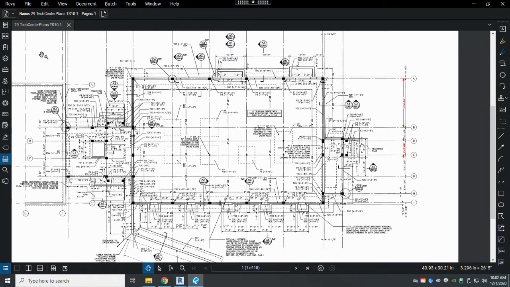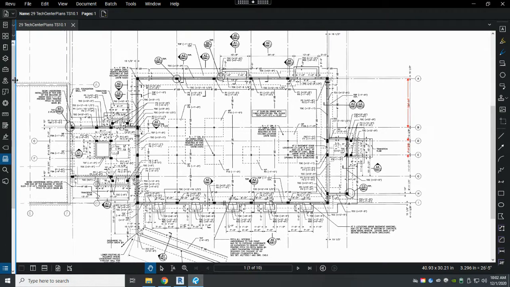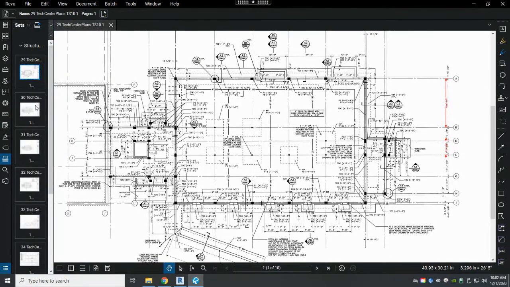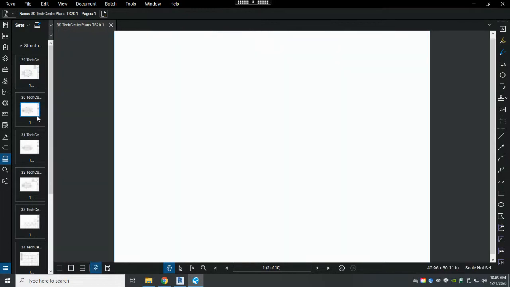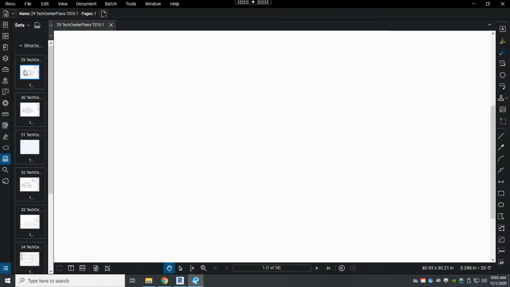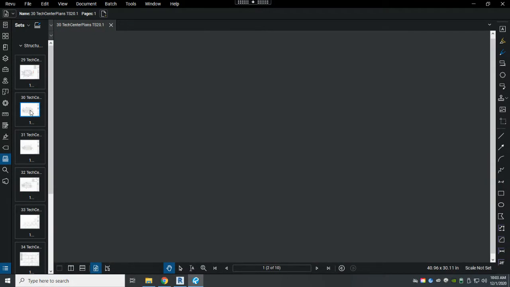First of all, this set does not include a page that has a legend, I don't believe, but I'm going to go ahead and look through every page here and we'll see if we can find it. The first page that we looked at here is the structural foundation. Then we have some framing plans.